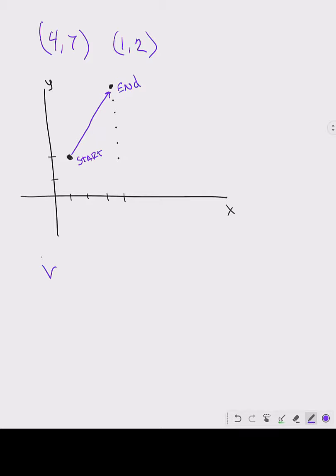When I find my v vector, it doesn't have to be done this way, but this is the algorithm that I use, and it looks the nicest, I think. I start with the end and I minus the start.